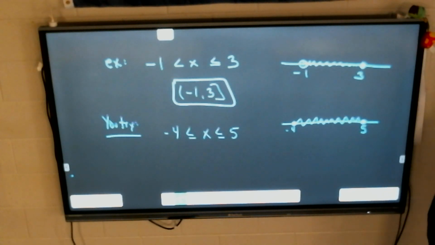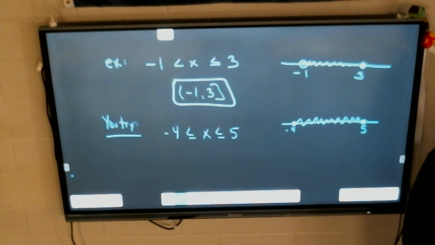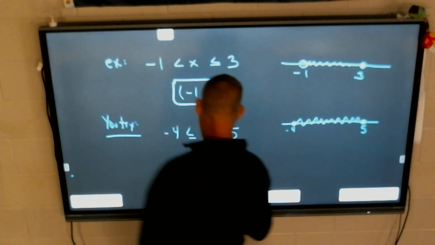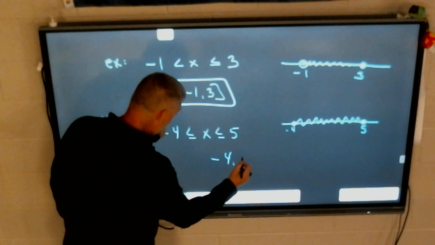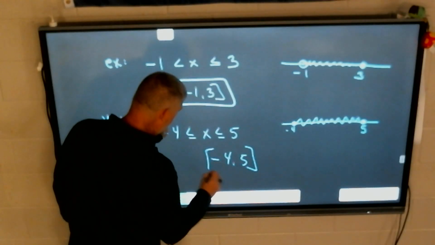Okay? So what's my interval notation? Brackets around negative 4 and 5. Great. Negative 4, 5, brackets.